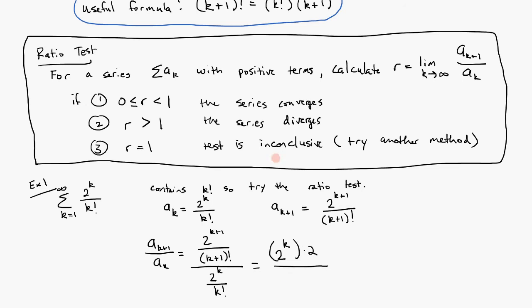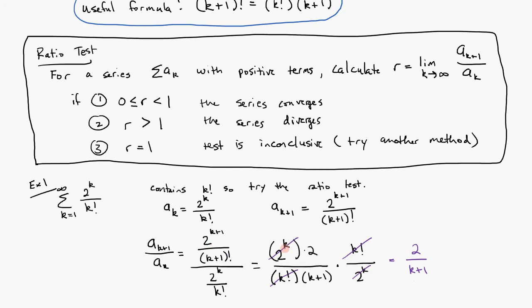The denominator here, I use the formula, so it's k factorial times k plus 1, and then I flip the bottom fraction and write it as a multiplication: k factorial over 2 to the k. The reason I rewrote the top fraction is so that I can do some cancellation. The k factorial and this k factorial cancel. This 2 to the k and this 2 to the k cancel. So the only thing that's left is 2 over k plus 1.